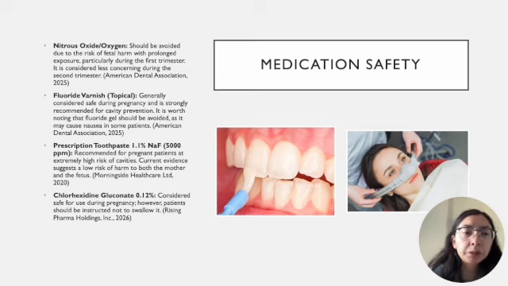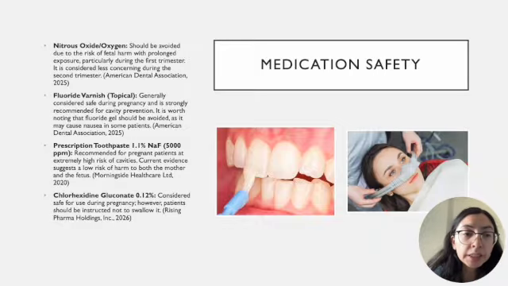Then we have prescription toothpaste, 1.1% sodium fluoride. It is recommended for pregnant patients at extremely high risk of caries. Current evidence suggests a low risk of harm to both the mother and the fetus.